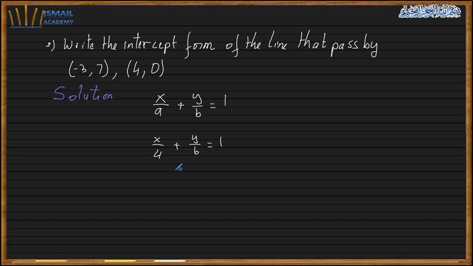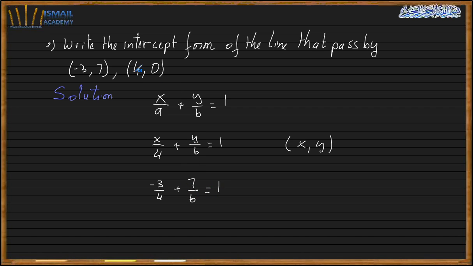Then look at this. x, y are a point. That means they make a point which belongs to the line. So I'm going to pick that point and substitute here and solve for b. If I pick that point, I will get minus 3 over 4 plus 7 over b equals 1.